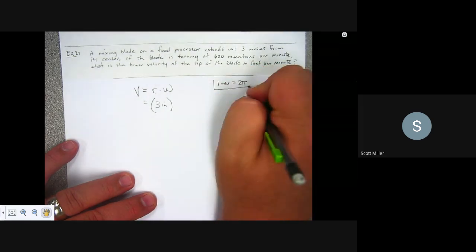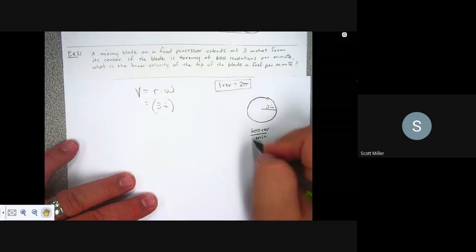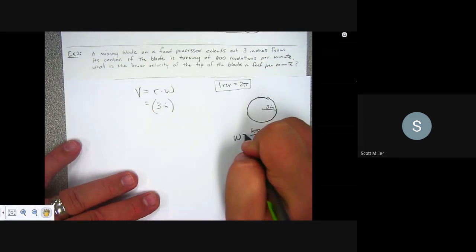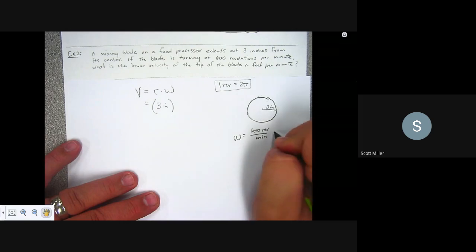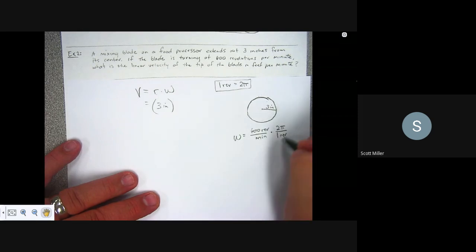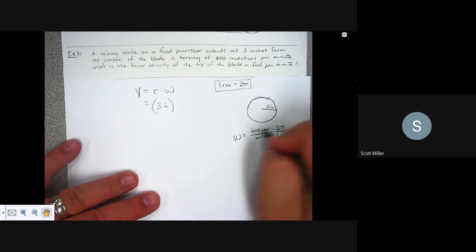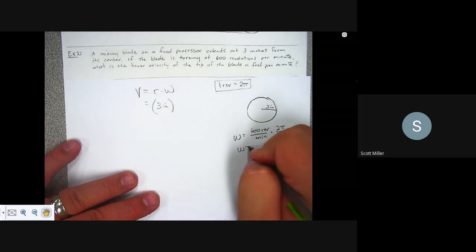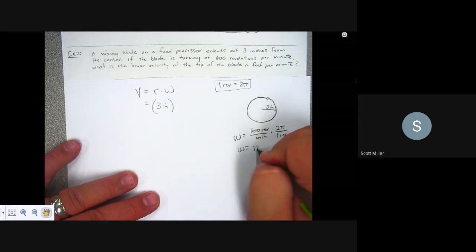This is a conversion factor that you can use to convert to angular speed. Your angular speed is going to be this revolutions per minute, and then 1 revolution, and I offset it so the revs will cancel, and 2π. This is how you use that conversion. Multiply this together, and you'll get your angular speed to be 1200π radians per minute.